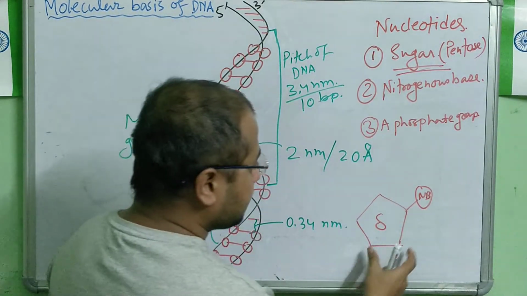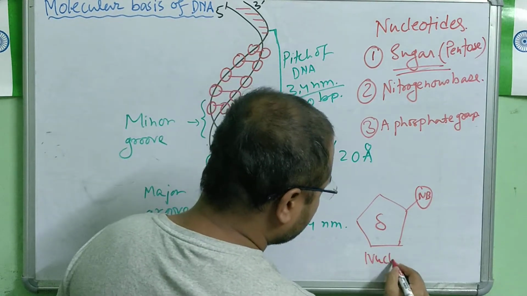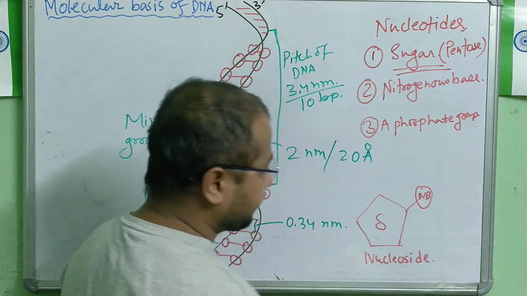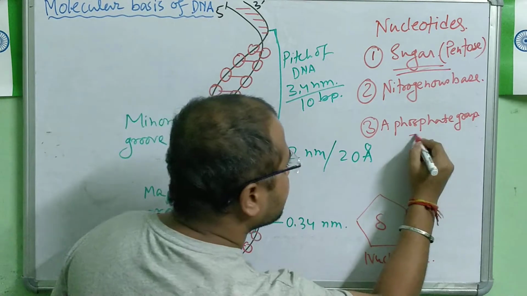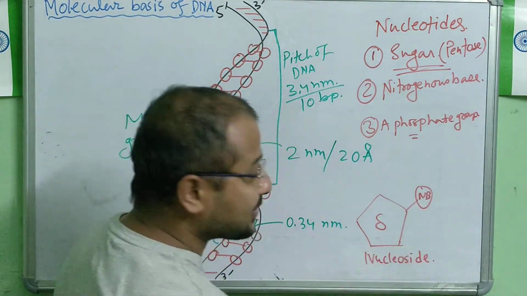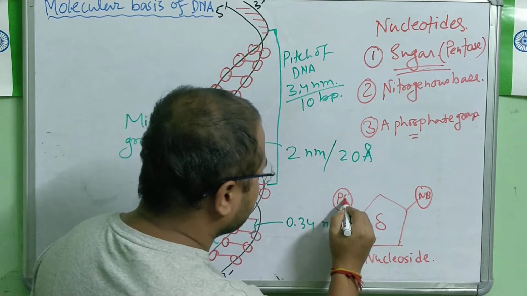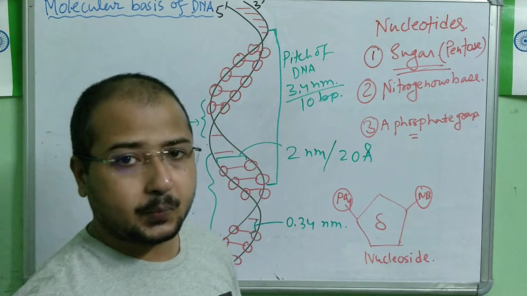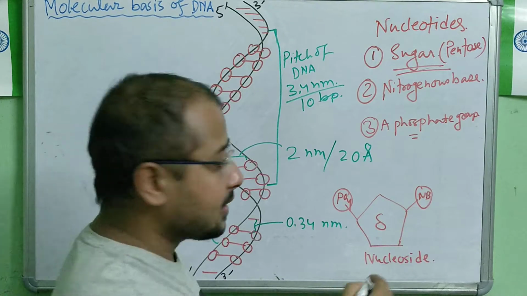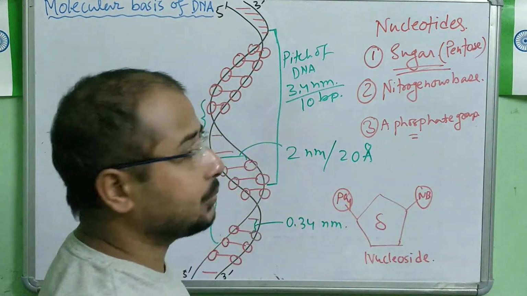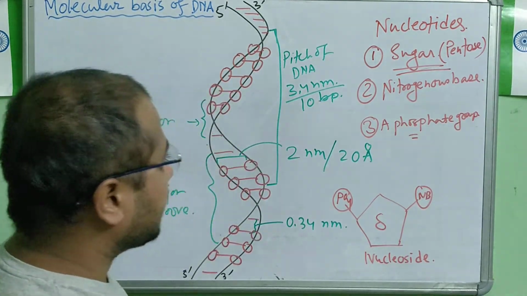When these two components come together, this structure is known as a nucleoside. Just the phosphate group needs to come and bind with the nucleoside, and it will be a nucleotide. The phosphate group, PO4, comes and binds here. With the nucleoside, just the phosphate group binds, and it becomes a nucleotide molecule. Understood? This is a nucleotide molecule.